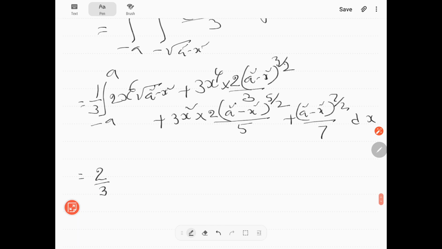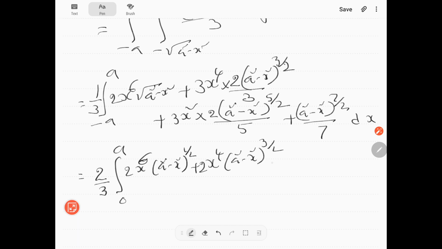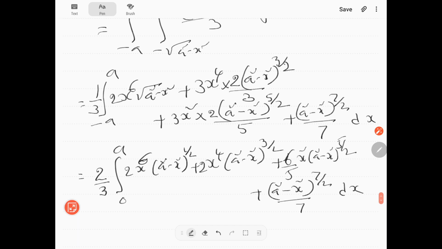Therefore, it is 2 by 3 times twice the integral from 0 to a of 2x power 6 into a square minus x square whole power 1 by 2, plus here 3 gets cancelled, 2 times x power 4 into a square minus x square whole power 3 by 2, plus 6 by 5 x square into a square minus x square whole power 5 by 2, and plus a square minus x square whole power 7 by 2 by 7, dx. This we need to evaluate.